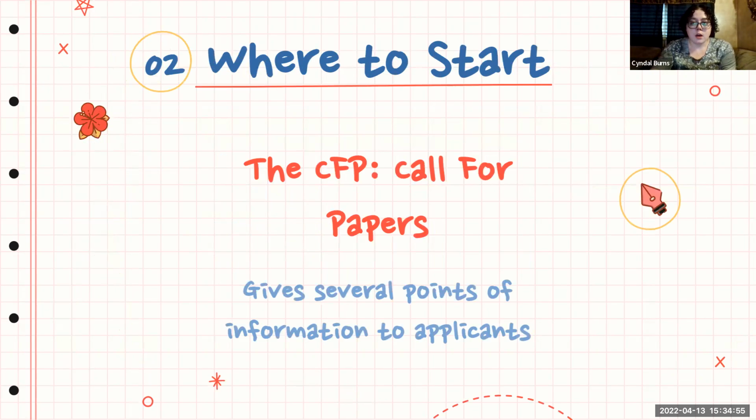So where to start? The first thing you want to do is find a CFP or call for papers that you are interested in, or that you might have done work in before, or already have a starting point, or something that interests you. And it gives several points of information.